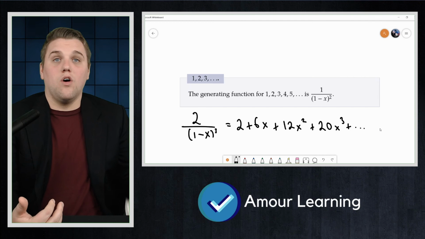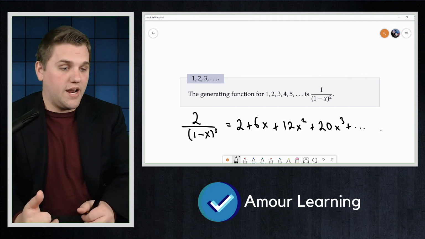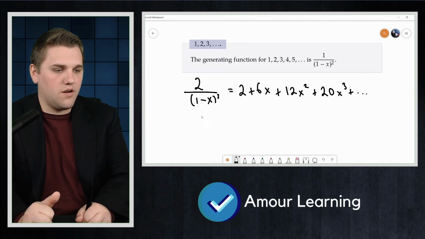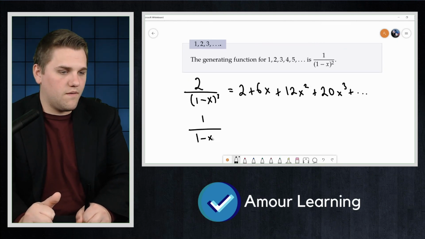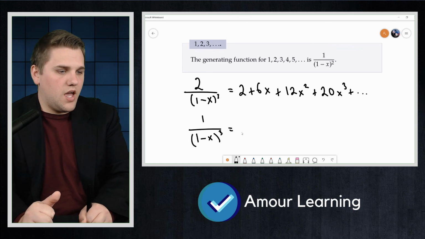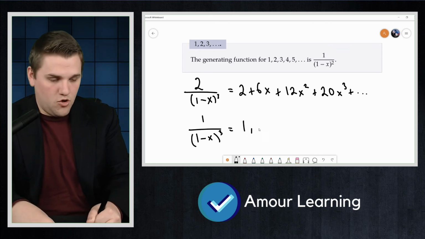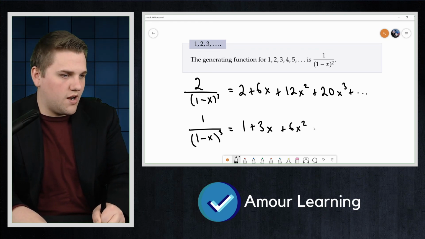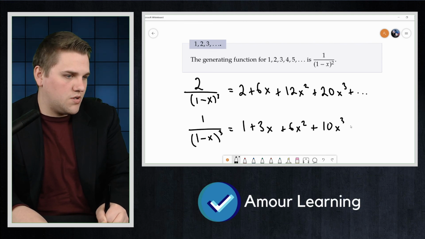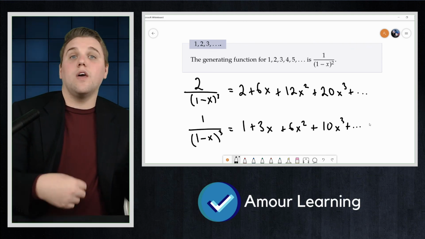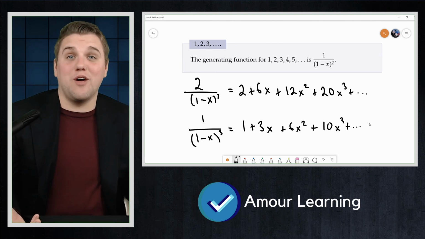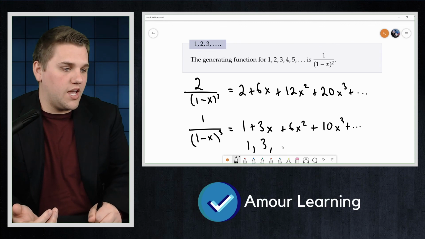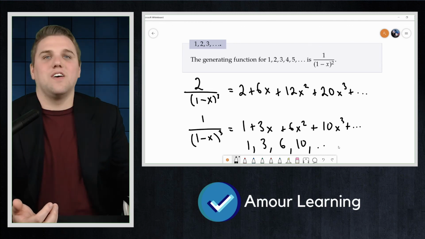So that means that 1 over 1 minus x cubed, if we were to divide each term by 2 here, is just 1 plus 3x plus 6x squared plus 10x cubed, and so forth. It's a generating function for the triangle numbers, which generates the sequence 1, 3, 6, 10.